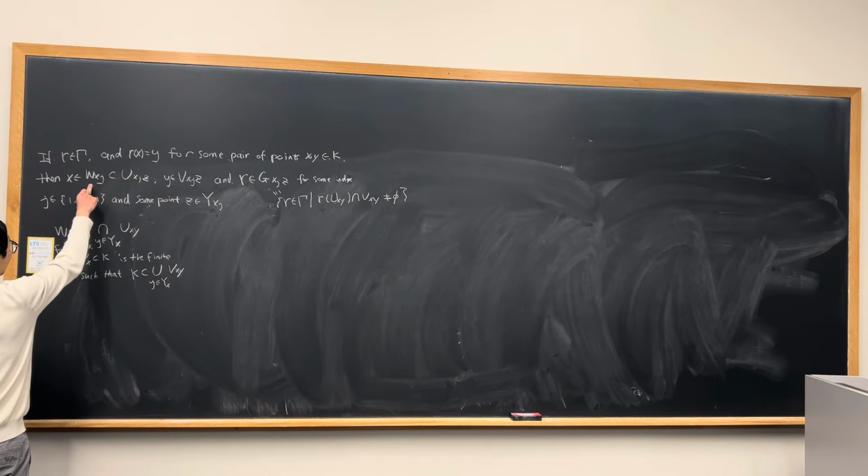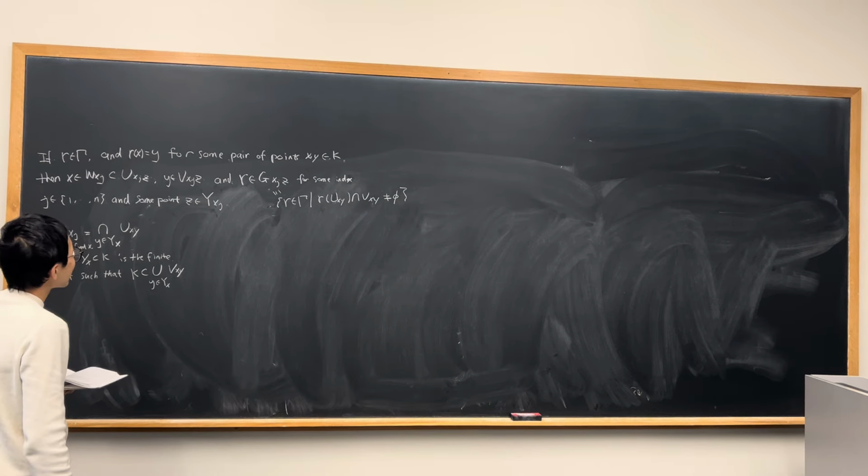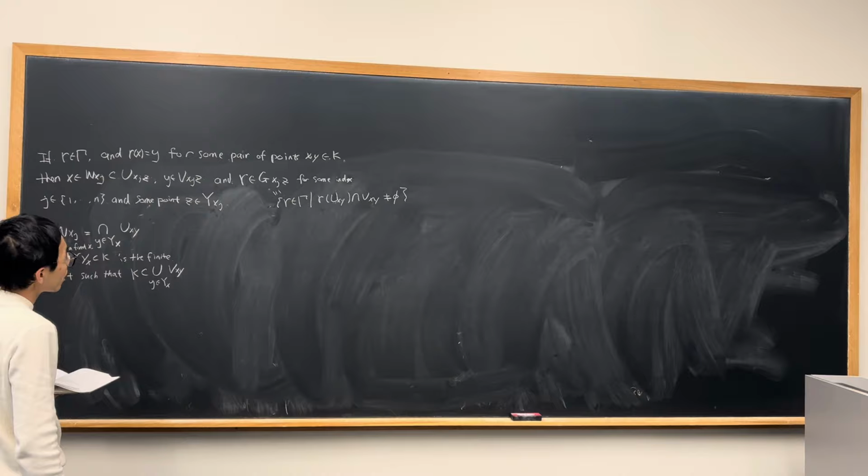Because this is a covering, this must be contained in one of the open sets of the covering. Sorry, gamma is in G_{x_j z}.